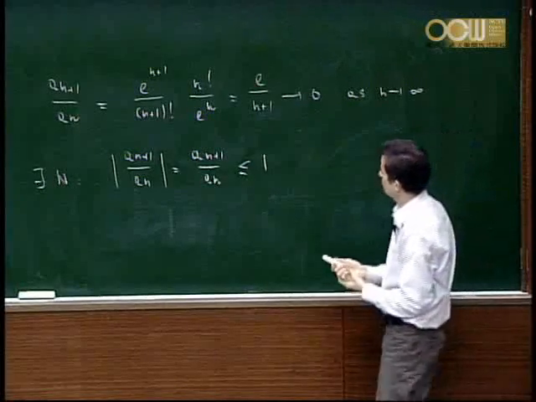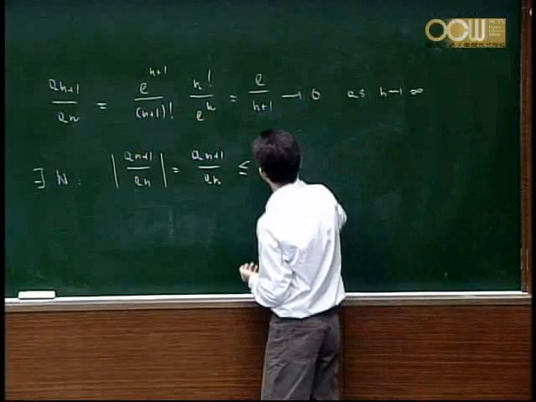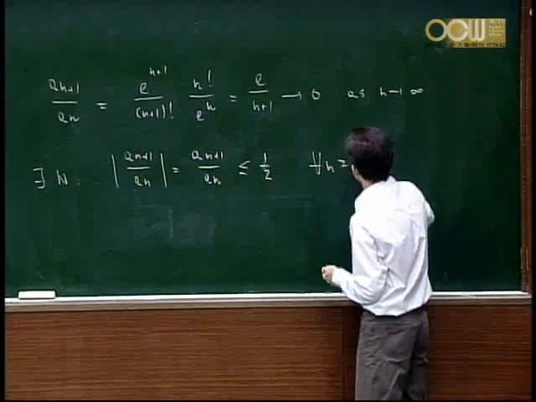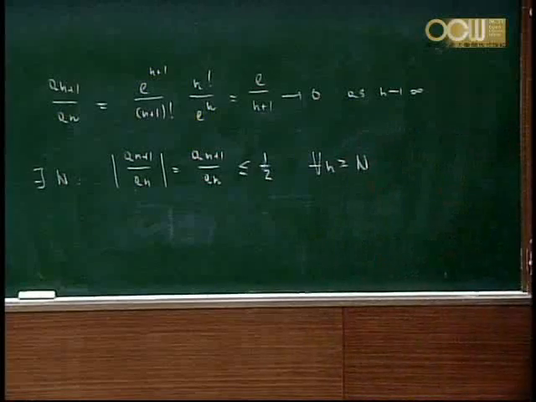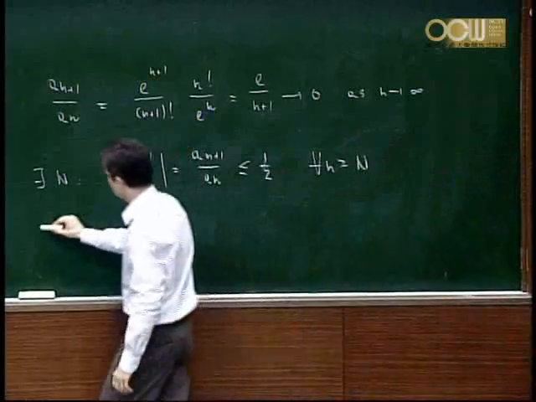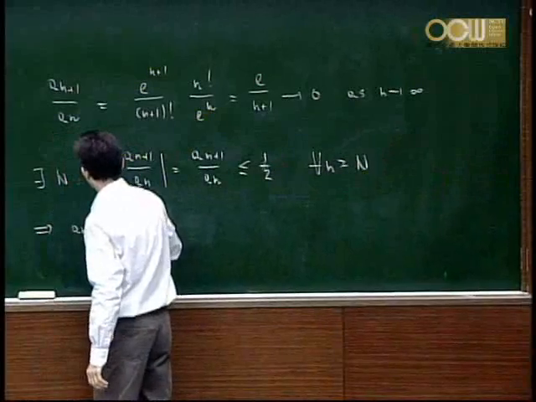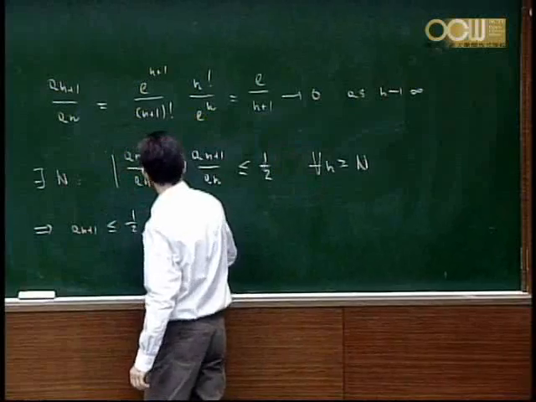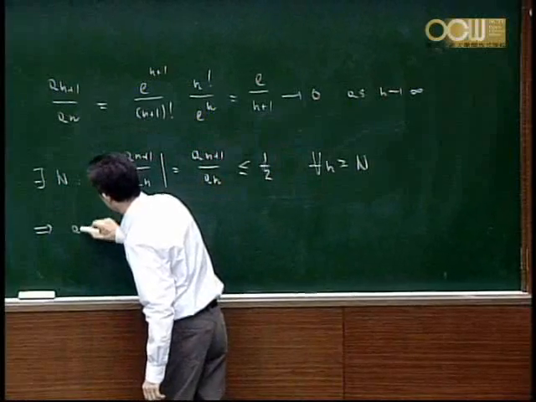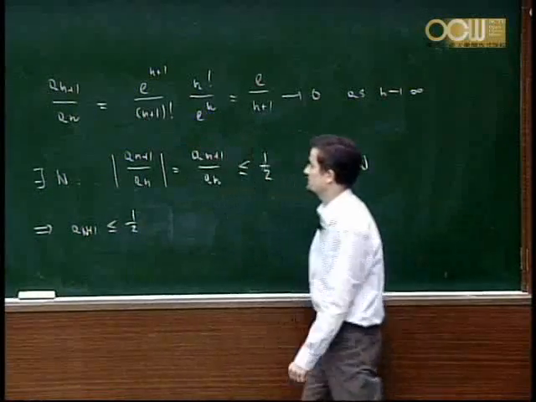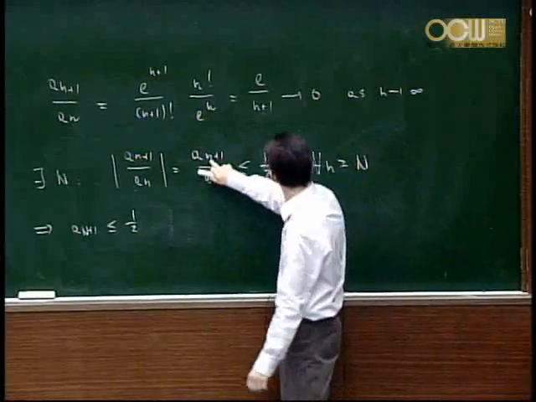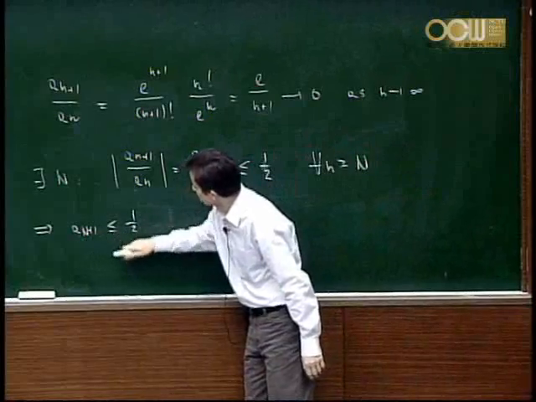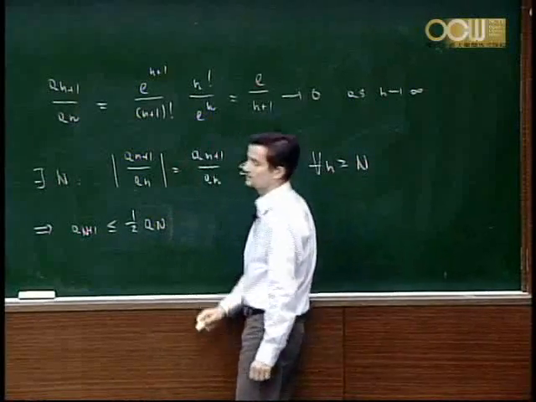Maybe 1 is not the best choice. Let's choose 1/2, for all n larger or equal than N. So this means here that a_{n+1} over a_n will be smaller or equal than 1/2. If I plug in this large N, this will hold. So a_{N+1} is smaller or equal than 1/2 a_N.